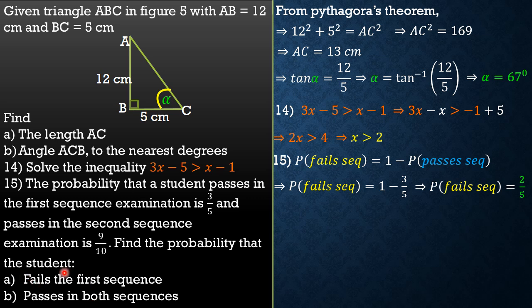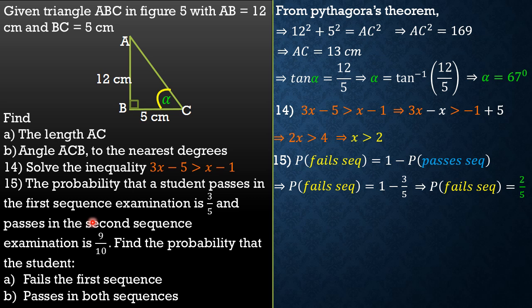Then now the B part is that the student passes in both sequences. Friends, let's keep in mind that the probability that the student passes in the first sequence has nothing to do with the student passing in the second sequence. It therefore means that the two events are independent.